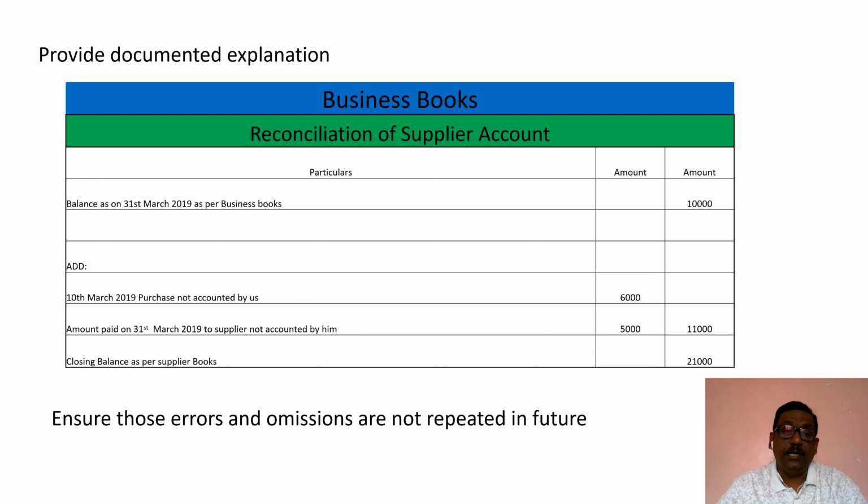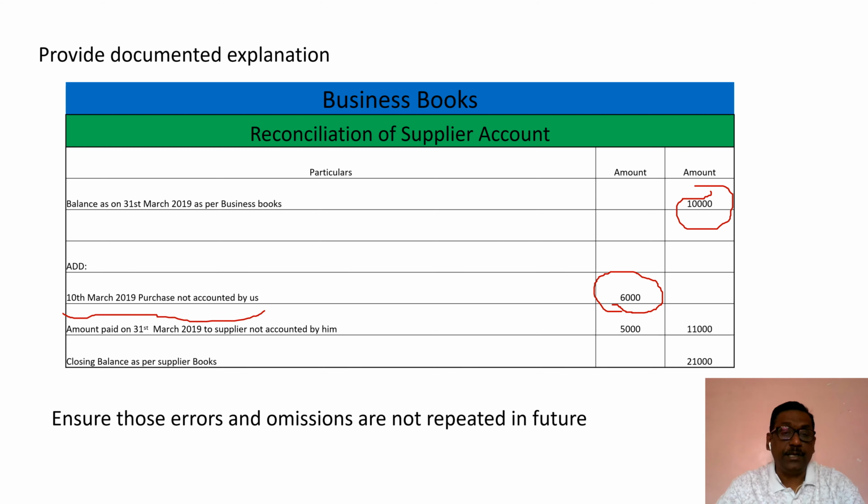As per my books, my ending balance is showing 10,000. Clear? One purchase of 6,000 I made. Since the goods are not received, I have not recorded this transaction in my books of accounts.